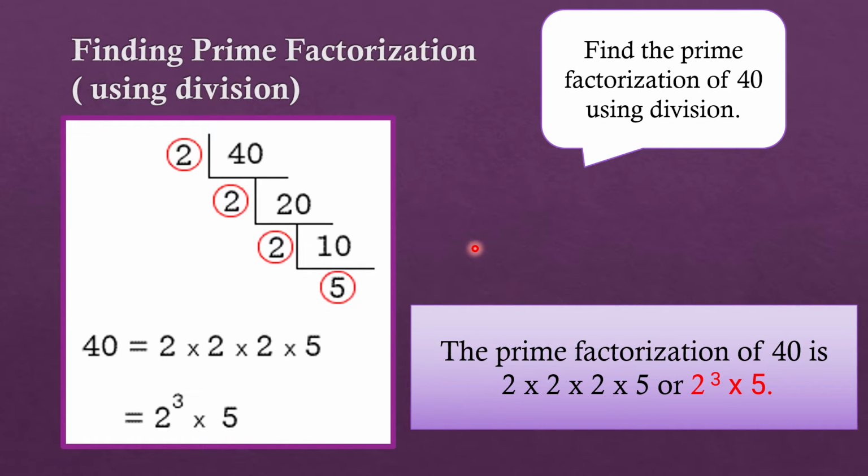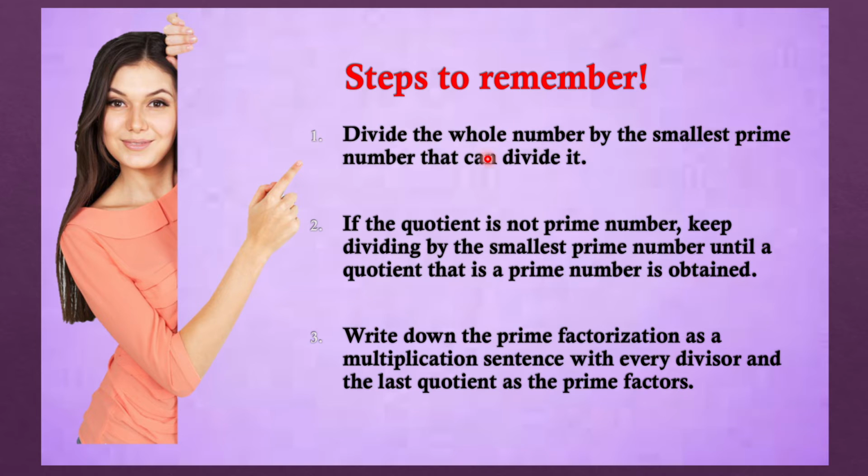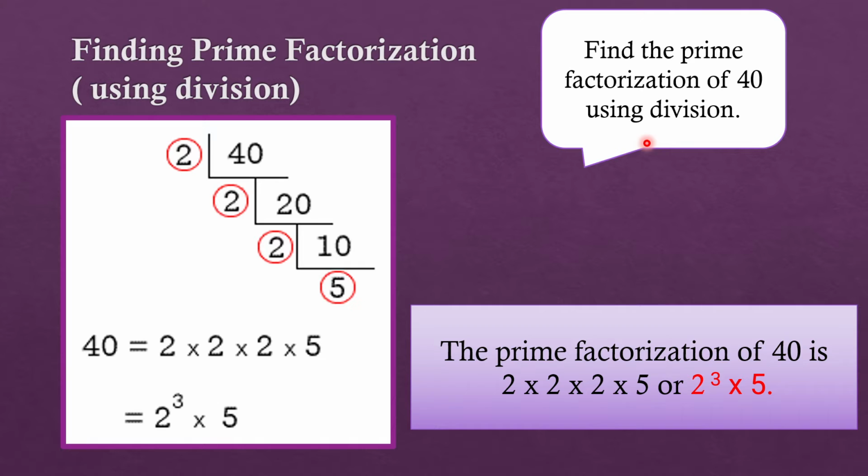So let's find the prime factorization of 40. And before that, again, the steps: divide the whole number by the smallest prime number. So we will look for the prime number. Since 2 is the smallest prime number, we're going to divide 40 by 2 and it will become 20.